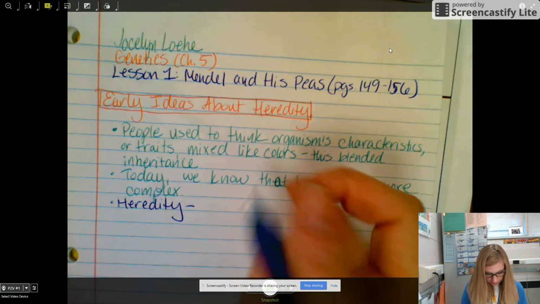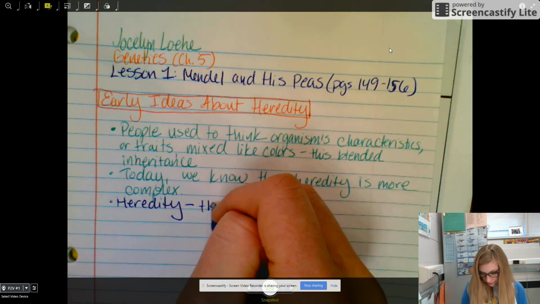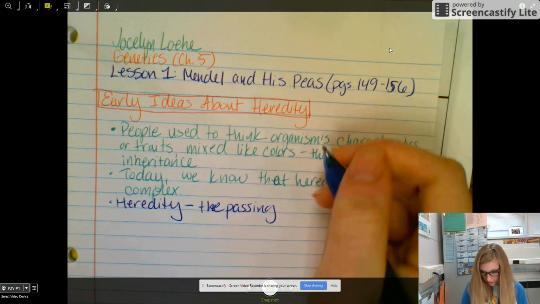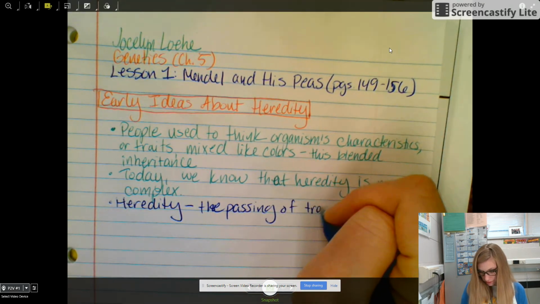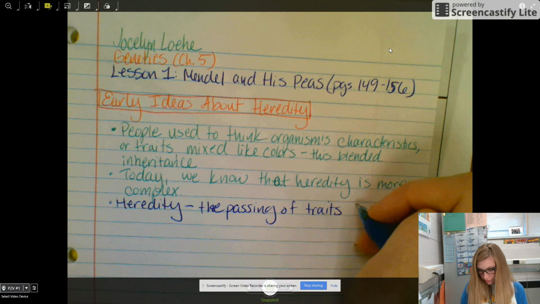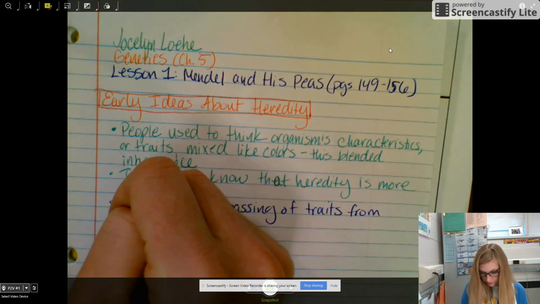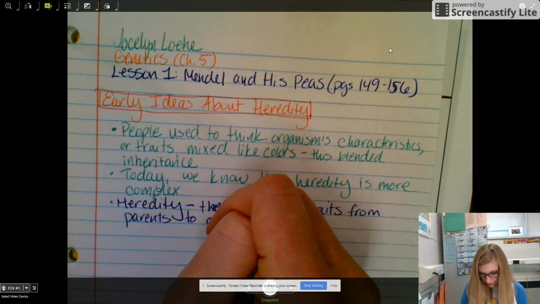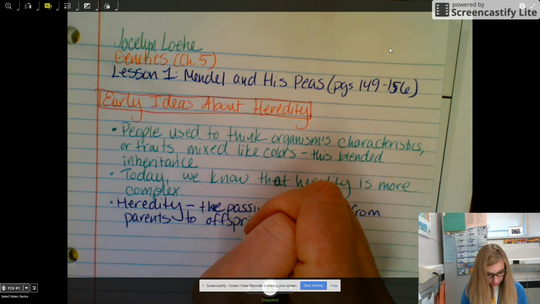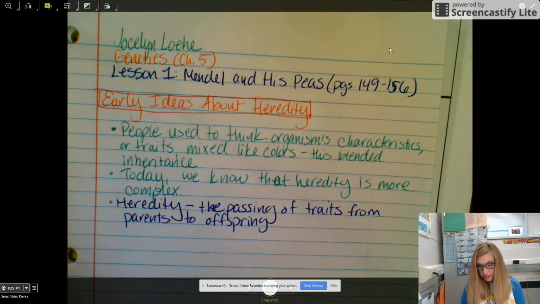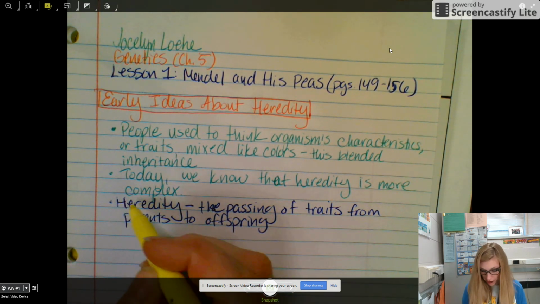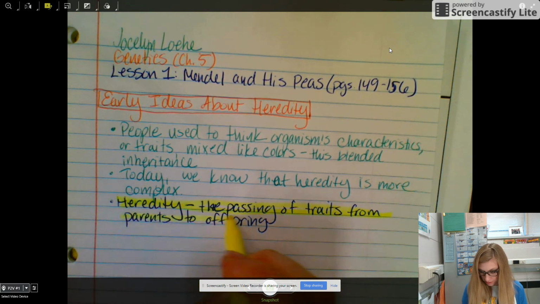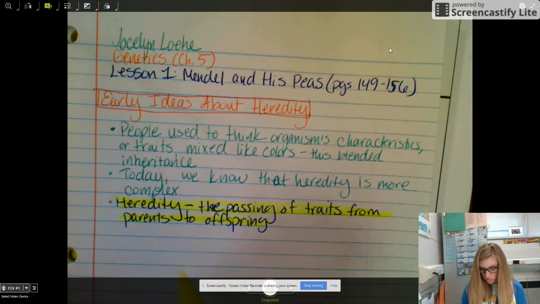Heredity, passing of traits from parents to offspring. Since it's a definition, I'm going to highlight it. Okay.